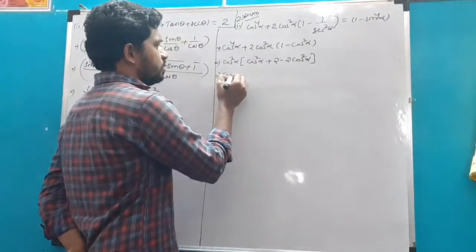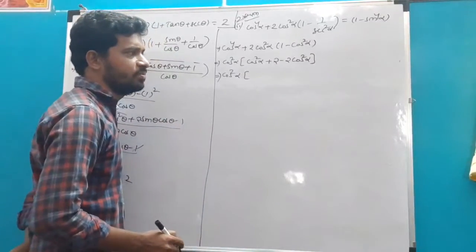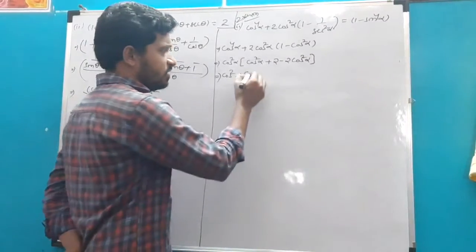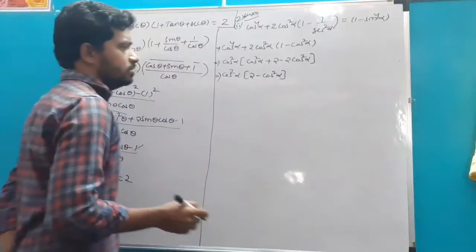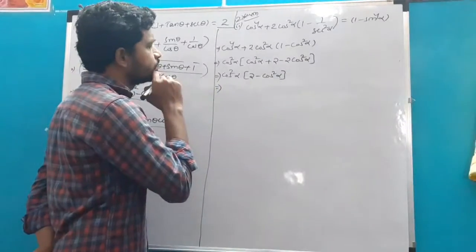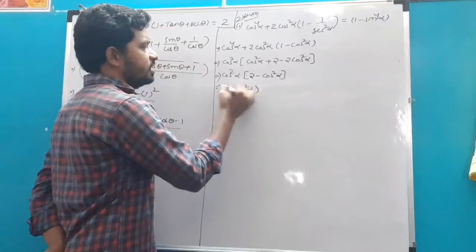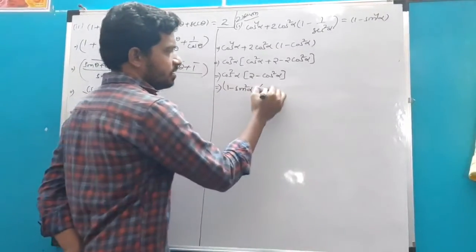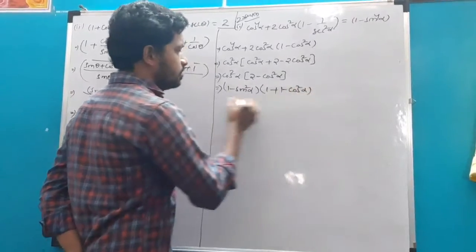Next step. So cos square alpha into, cos square alpha minus 2 cos square alpha will become minus cos square alpha, that is 2 minus cos square alpha. Here cos square alpha can be written as 1 minus sin square alpha, and here we can write 2 as 1 plus 1 minus cos square alpha.